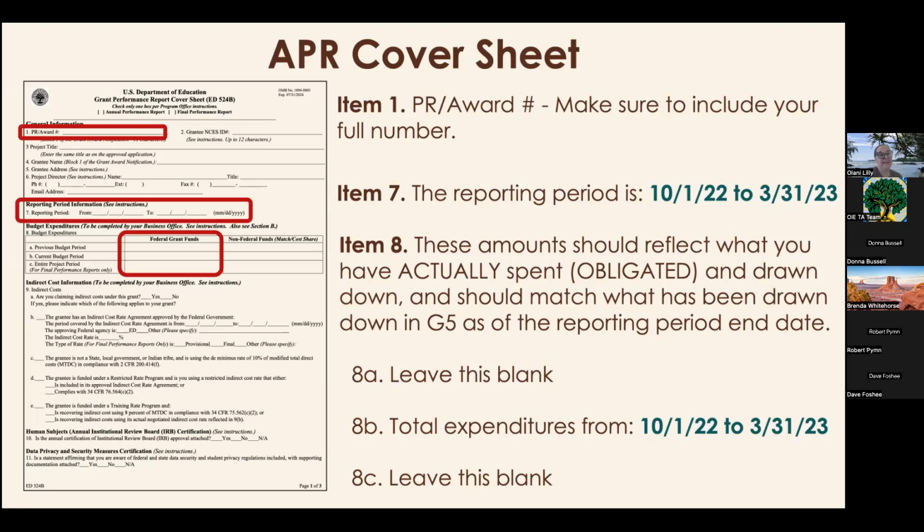You're going to leave that blank, 8A blank. 8B, what you're going to be reporting there is the drawdowns that are reported in G5. Again, 8B should reflect the drawdowns that are reported in G5. 8C should be blank as well.